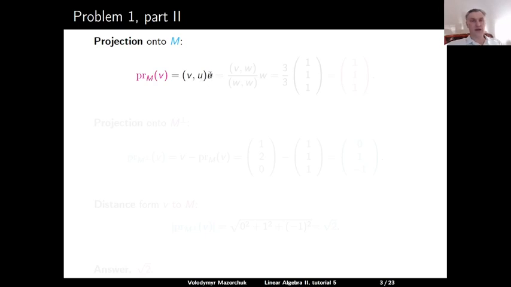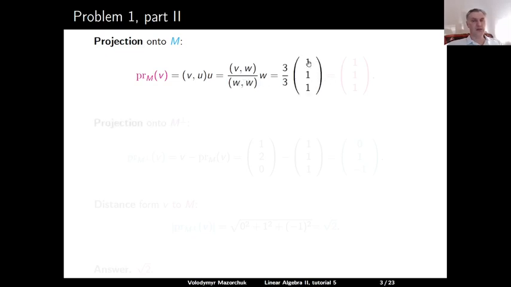And we have only one element, so the formula is the scalar product between V and U times U. We also know that U is W divided by the length, so we can rewrite this formula as W times the scalar given by the following fraction. In the numerator, we have the scalar product between V and W, and in the denominator, we have the scalar product between W and W.